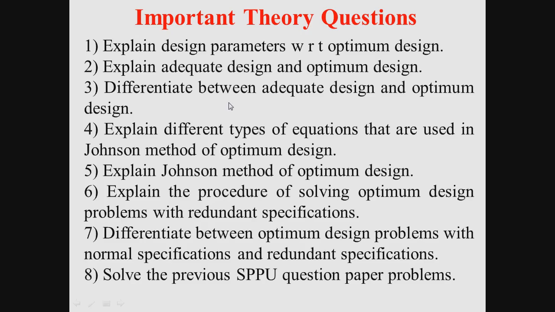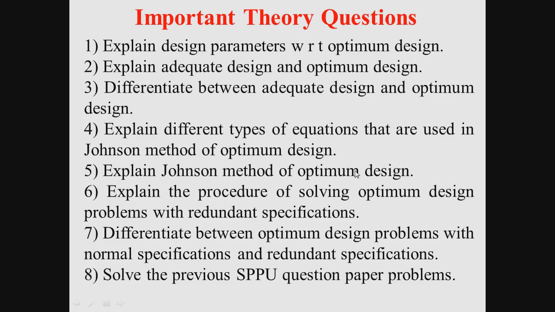Next question: explain different types of equations used in Johnson method of optimum design. You need to explain three types of equations: primary design equations, subsidiary design equations, and limiting equations.